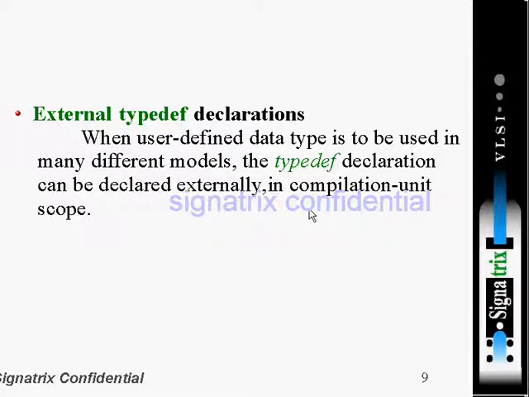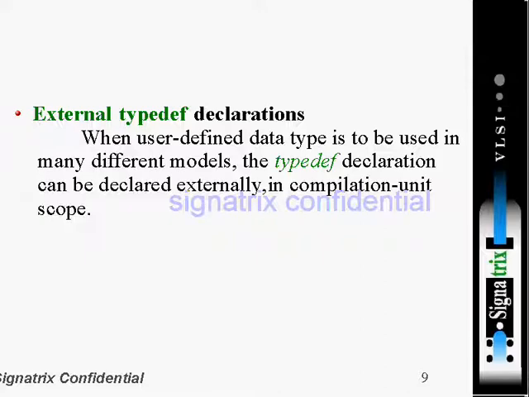Next, so far we have seen local typedef declarations. Next we are going to see external typedef declarations. When a user defined data type is to be used in many different models, the typedef declarations can be declared externally in the compilation unit scope.